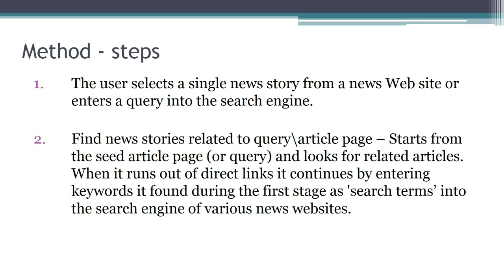So the method is the user selects a news story from a website or enters a query, and based on that query, we search different news websites. We search starting from the seed article. We look for related articles. When we run out of related articles, we take the keywords that we found during the first search and we use those as search terms, and we continue to find similar articles.